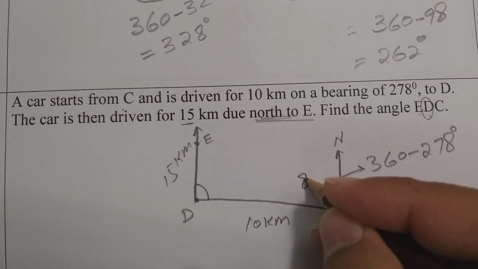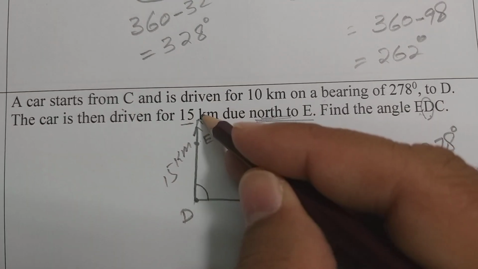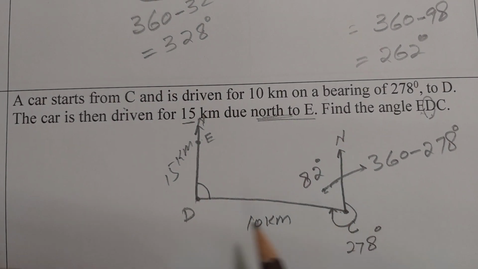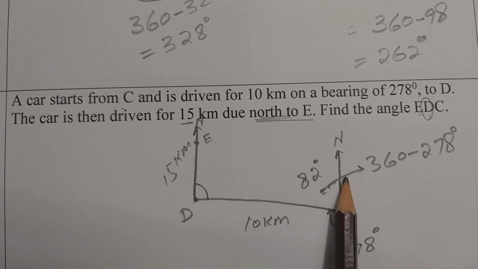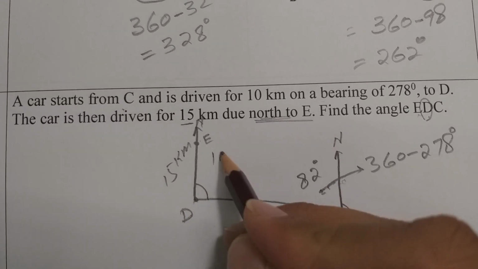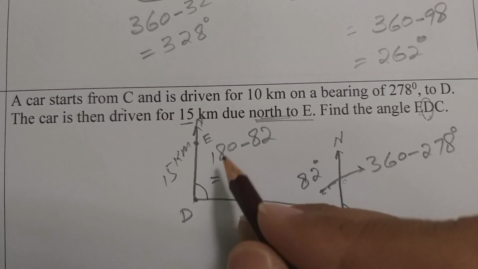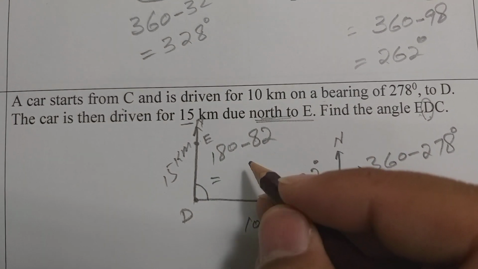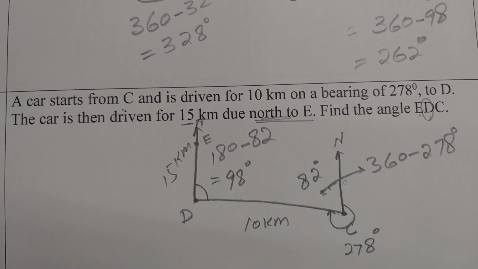So this angle is 82. If you observe this line and this line, these two lines are parallel and this is the transversal line, so interior angles are supplementary in parallel lines. So 180 minus this given angle equals 98. So 98.